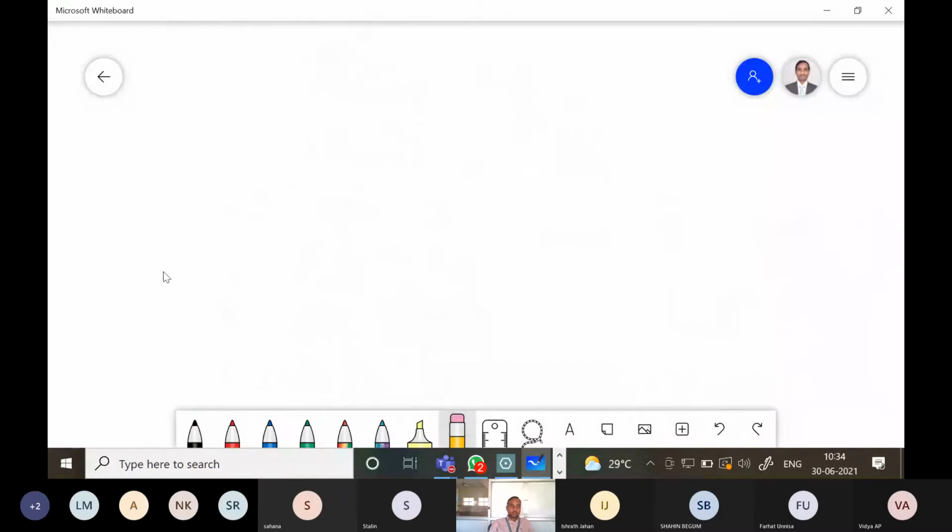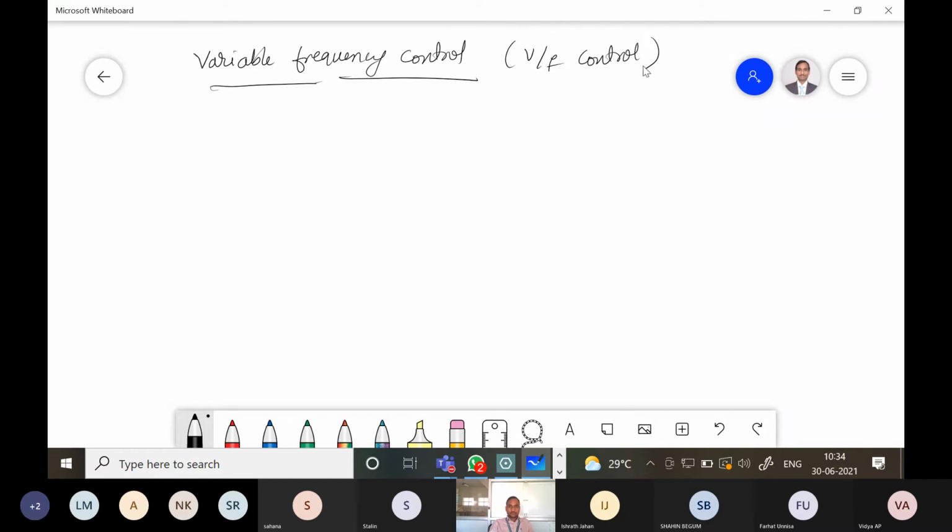So what is meant by variable frequency control? This is also called V by F control. The synchronous speed of the induction motor is given by Ns equals 120 F divided by P. Therefore the speed of the motor can be controlled by varying the supply frequency as well as the poles.